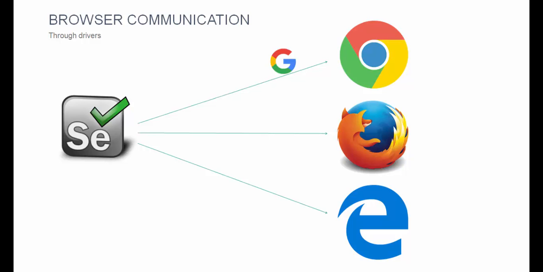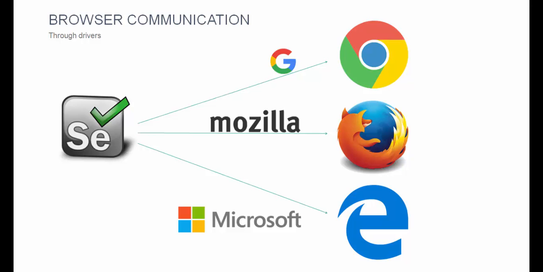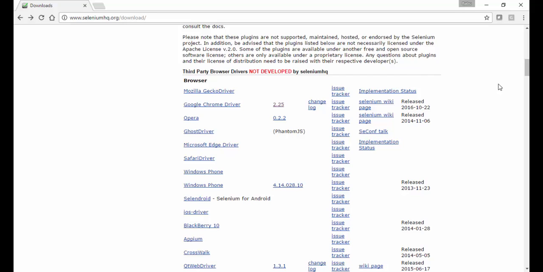Google provides Chrome driver to interact with Chrome. Mozilla provides a driver by the name Gecko driver to interact with Firefox. To interact with Edge, Microsoft provides Edge driver. As I said earlier, these drivers can be found in the Selenium HQ website.